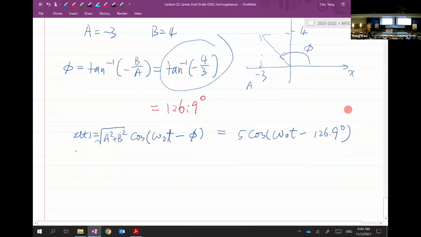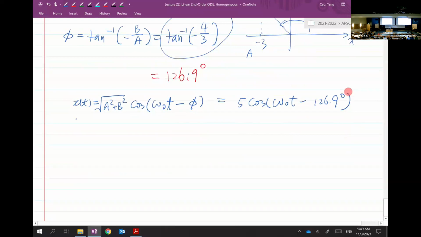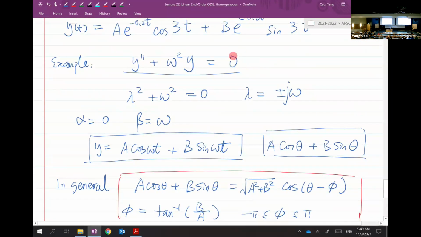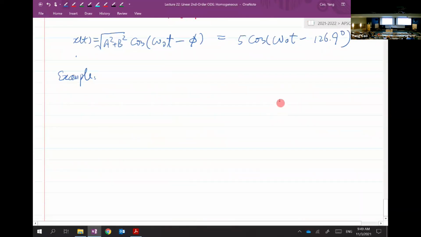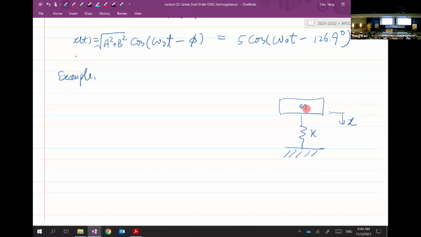Okay, I still have 1 minute, so I can quickly give you an example of how you can get this kind of second order differential equation. If you remember a mass spring damper system, let's say there's no damper, only one spring, and no external force applied to the system.